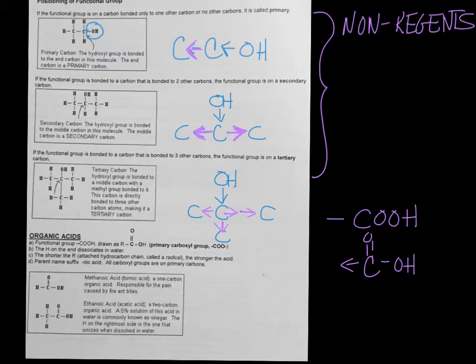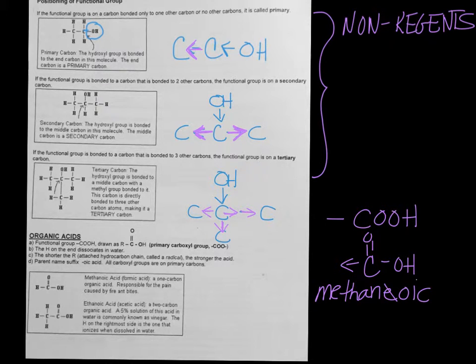So in this first one, you can see there's only one carbon, it's meth, and the functional group is right there. So again, all you're doing is taking your methane, which is your alkane, you're dropping your E and adding OIC.